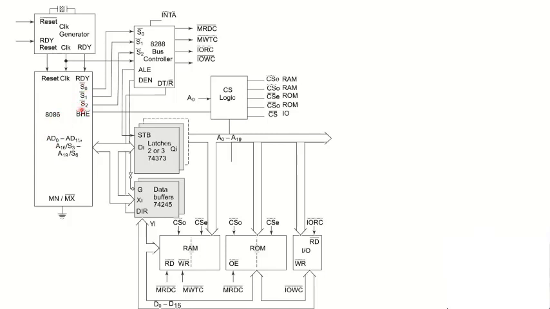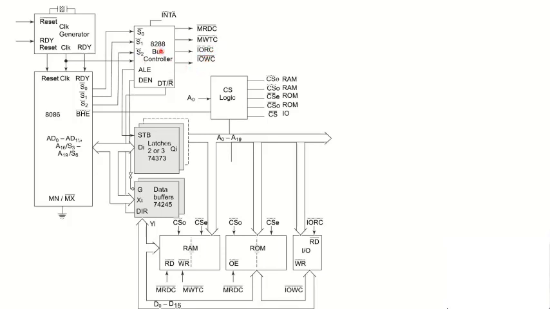Through the maximum mode signals, the bus controller, the 8288, will operate, and it will provide MRDC, MWDC, IORC or IOWC. MR means memory read cycle, MWD memory write cycle, then input output read, input output write.